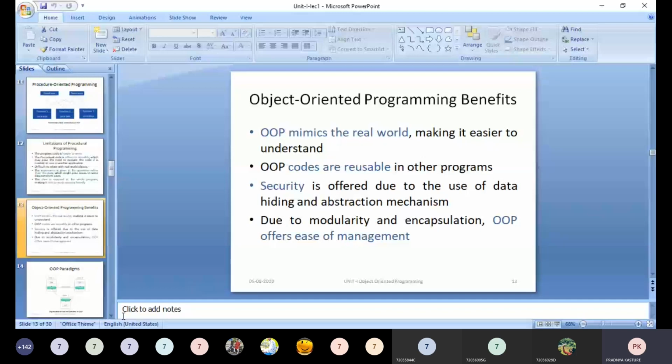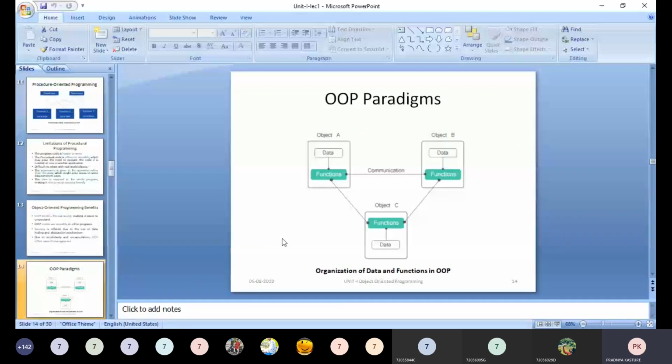Now we move ahead to the OOP paradigm, which shows how data and functions are organized and how they communicate in OOP. We can see here object A, object B, and object C, each encapsulating its own data and functions.